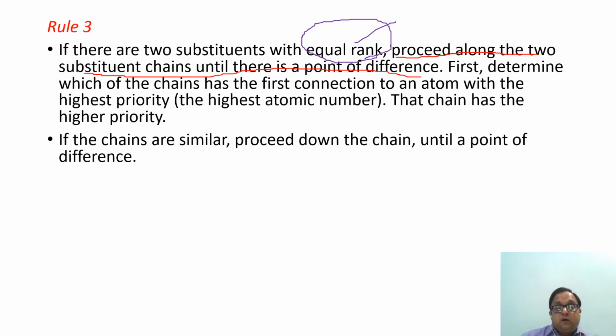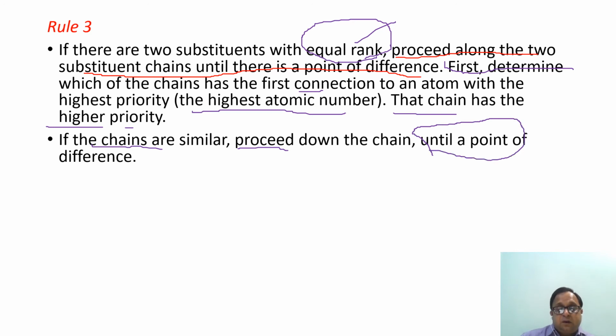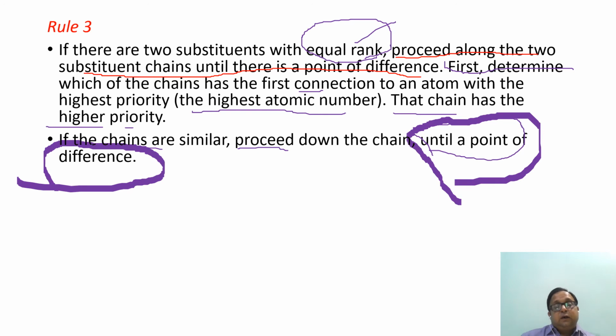First determine which of the chains has the first connection to an atom with the highest priority, that is, highest atomic number; that chain has the higher priority. If the chains are similar, proceed down the chain until the point of difference is identified. Please mind this. Unless we are able to find the point of difference, we cannot differentiate between E and Z isomers.